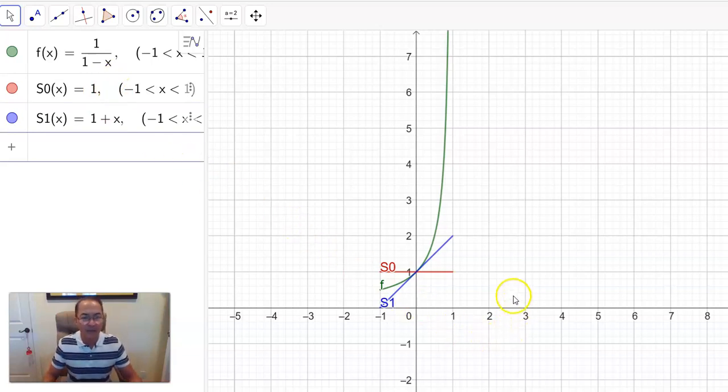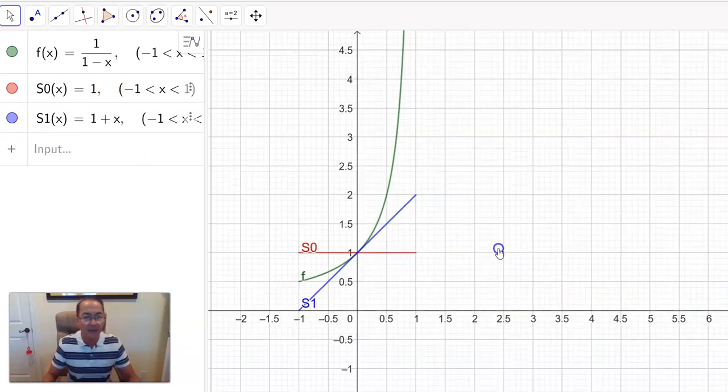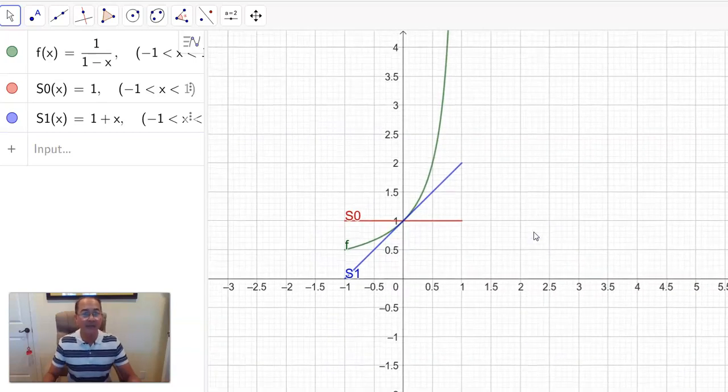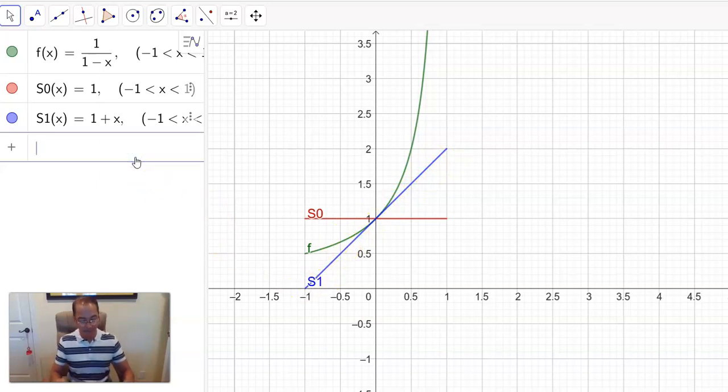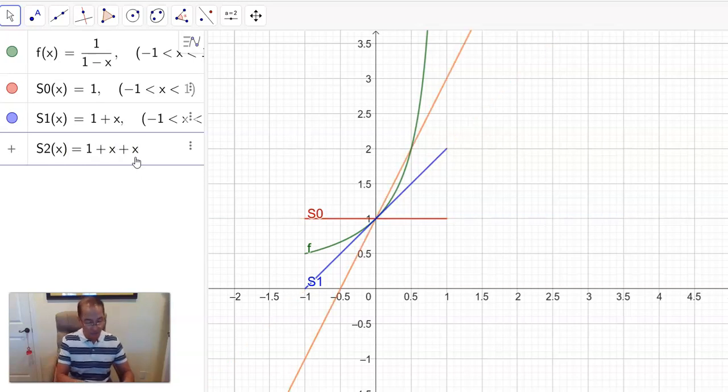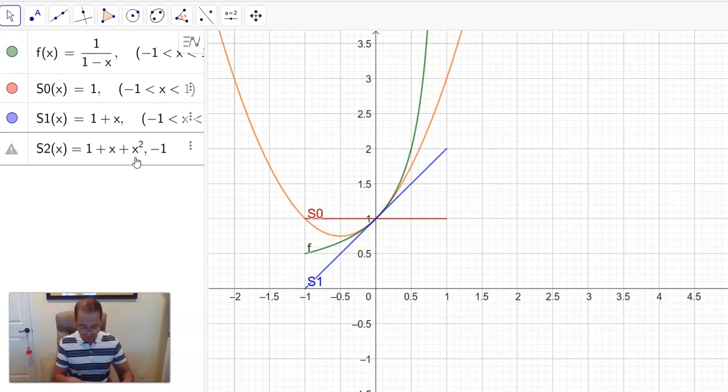If you studied some basic calculus, and everyone did, that looks like a tangent line, doesn't it? Let's keep going. The second partial sum, S2, is 1 plus x plus x squared. And again, x is only between -1 and +1.